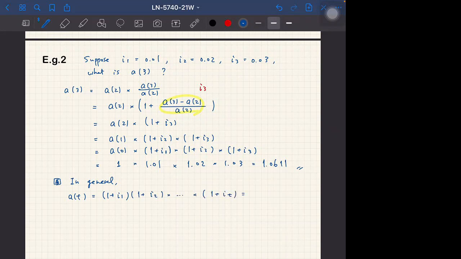Or you can say just the product, j equal to 1 to t, of 1 plus I sub j. Yeah, so this is how the effective rate of interest works. So the effective rate of interest is given by this formula, and the other way around: if the effective interest rate is given, we can calculate the accumulation function.